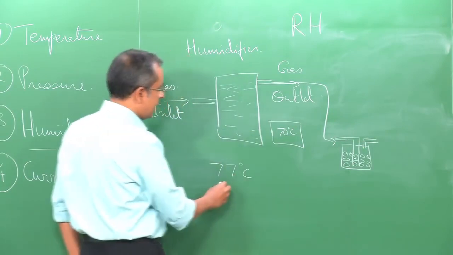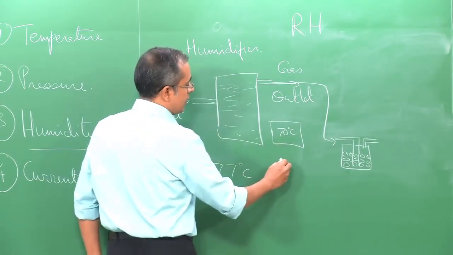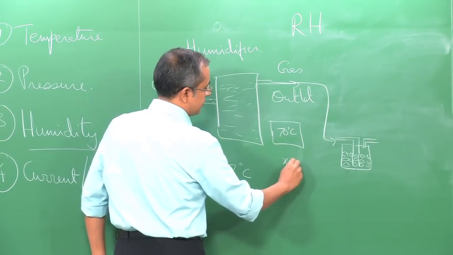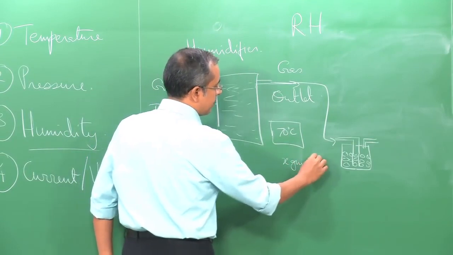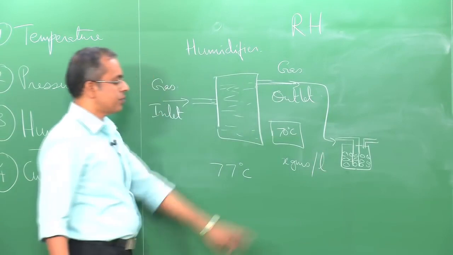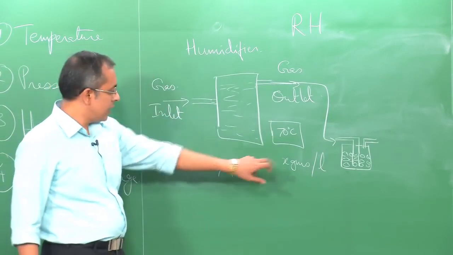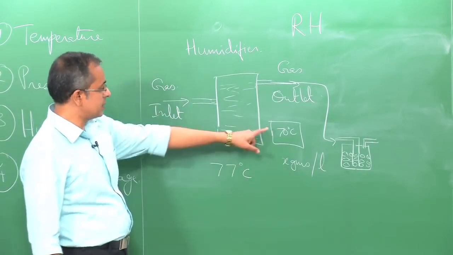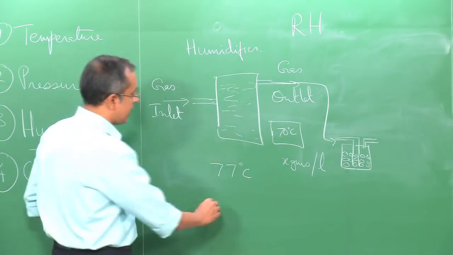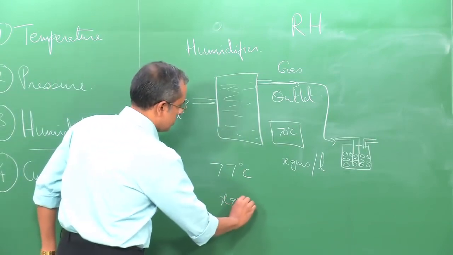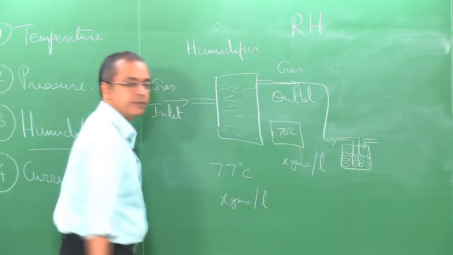I am just saying that if this requires x grams of water to be carried per liter of air, it may end up that with a set point of 77 degrees C, it is actually carrying x grams of water per liter of air.